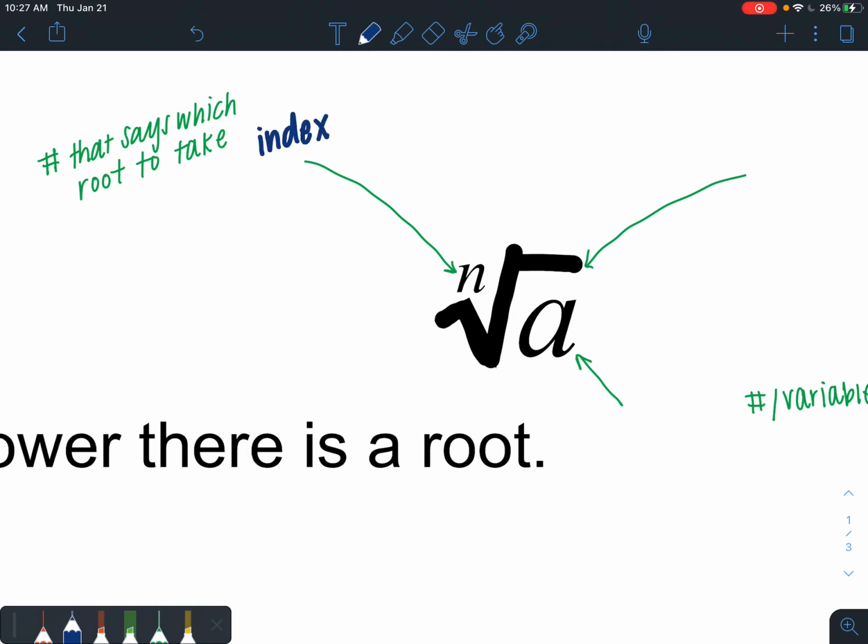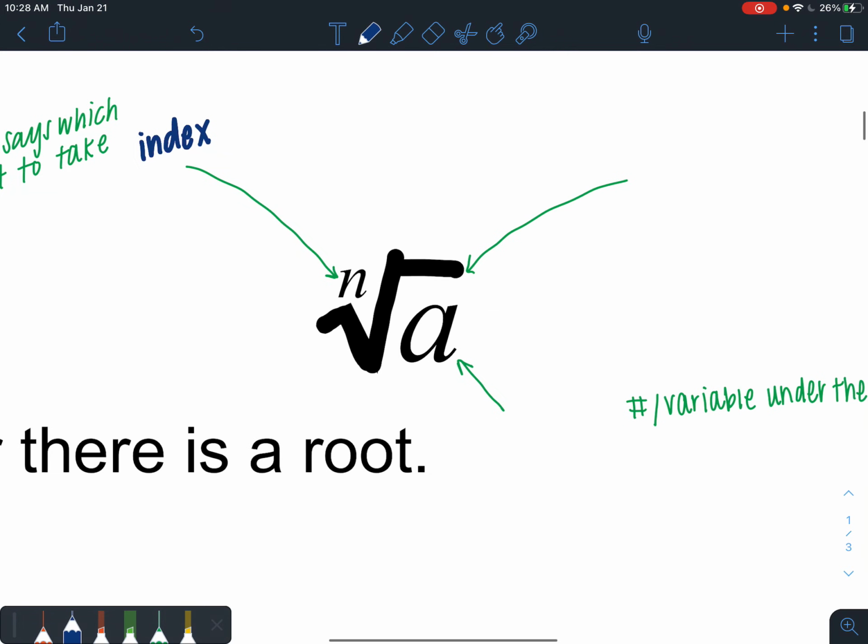And that number tells us which root to take. So if we have a 2, that's a square root. If we have a 3, that's a cube root. And what that means is how many times does a number get multiplied by itself to equal this number? And this n is the number of times it would be multiplied.